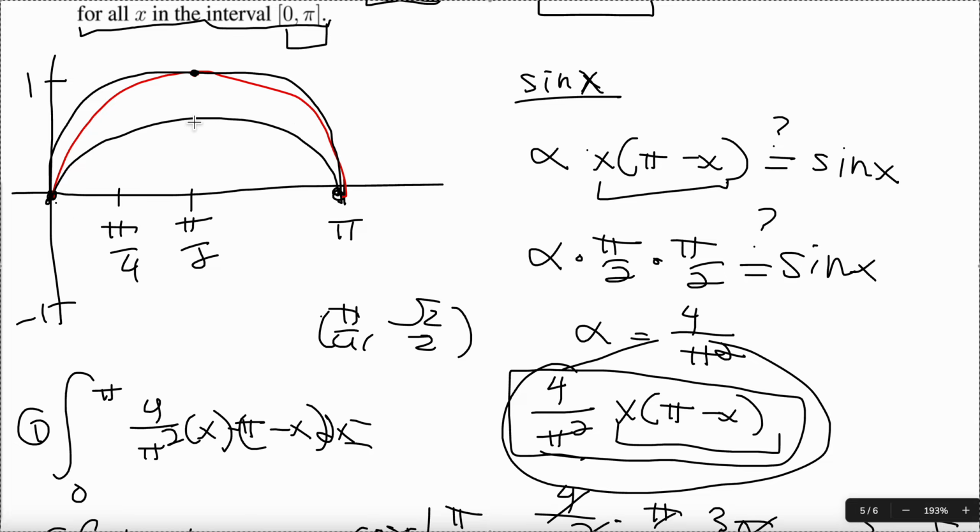And the key limiting factor here is not necessarily the peak. The peak was the key limiting factor in the upper bound, but for the lower bound, the key limiting factor is this part right here. If we make it too big, then this side, instead of being inside, is going to go outside of it.